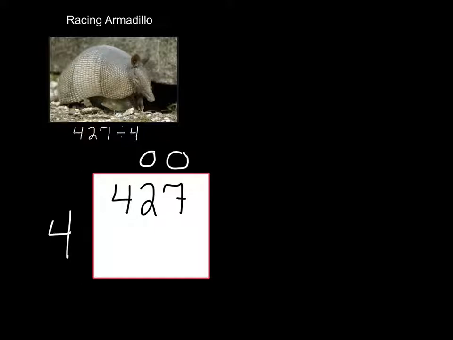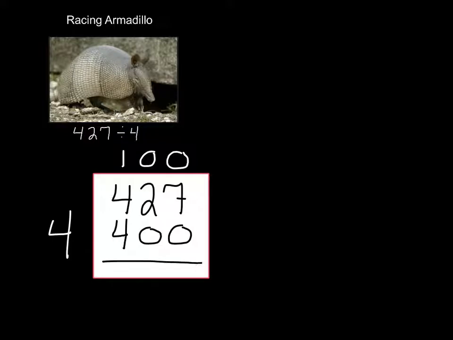So if I take 4 times 0, I'm going to get 0, right? So I'll put 0 there. And then if I take 4 times 0, I'm going to get another 0 right here. So now 4 will go into 4. 4 times 1 will give me 4, right? So I'm going to put a 1 right there, and that will give me 4 right there.